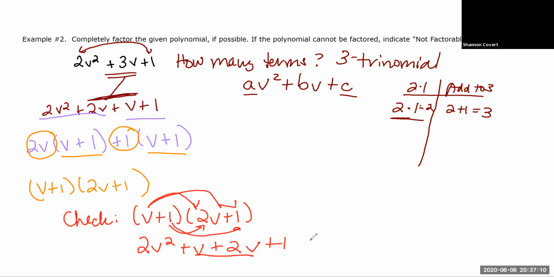Collect those like terms. I have 2v squared plus 3v plus 1. So it checks. I'll come back over here and go ahead and box or circle my answer.